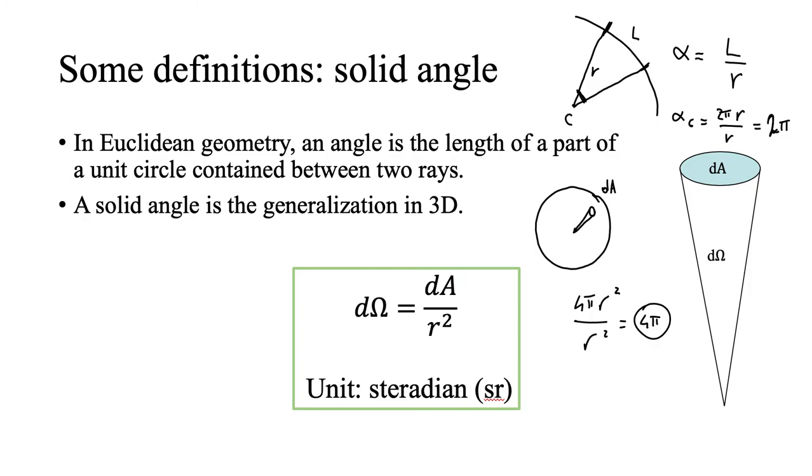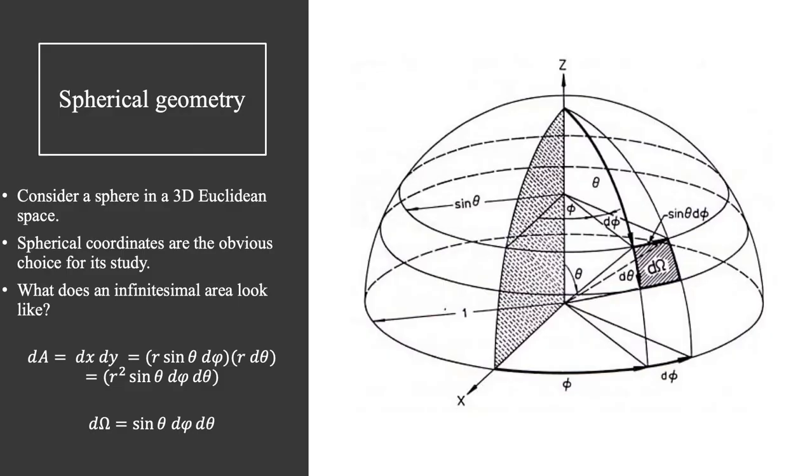Excellent. Now, another useful concept that we might want to keep in mind, I don't think that we'll be using this thoroughly, but I thought this could be useful, is to write down the solid angle in coordinates, and in particular in spherical coordinates.